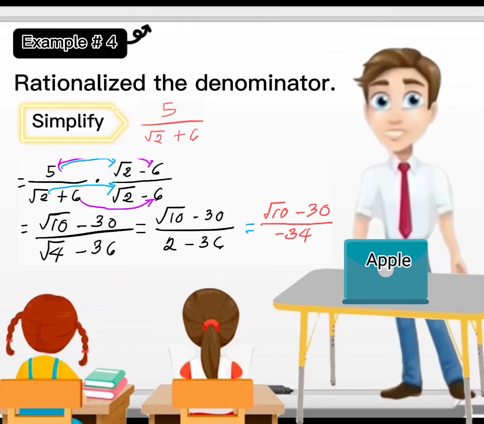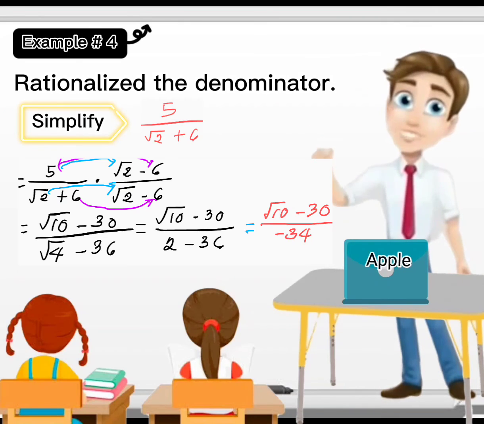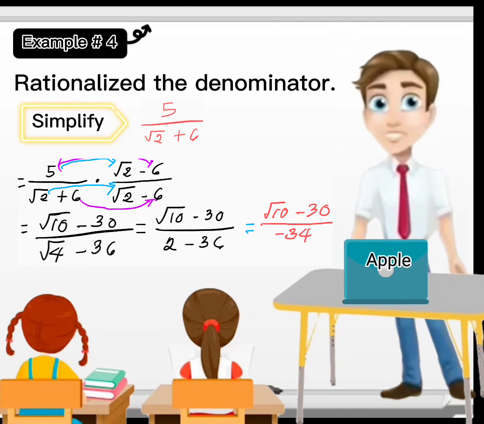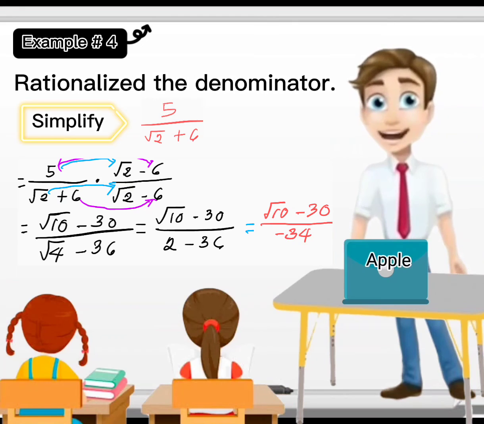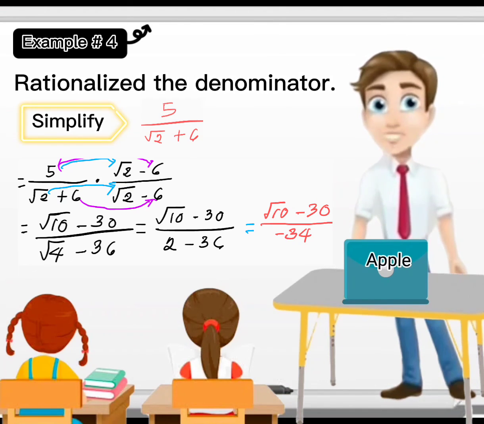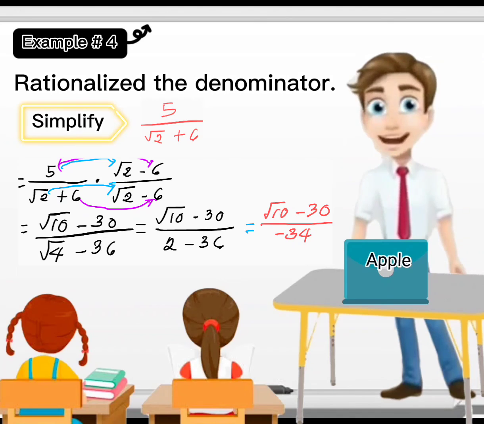And in the denominator, since we have the sum and difference, we simply multiply the square root of 2 times the square root of 2, so the answer is square root of 4. And then multiply also square root of 6 times negative square root of 6, so the answer is negative 6. Then simplifying our denominator, square root of 4 is 2, minus 6.